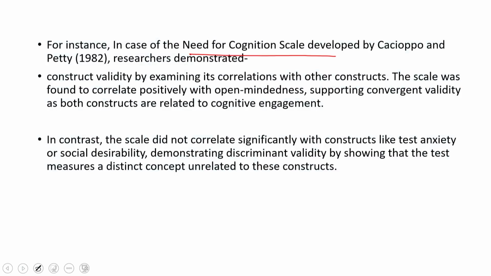It was examined by finding its correlations with other constructs. This scale was found to correlate positively with open mindedness, supporting convergent validity, because the need for cognition is basically your need to think about different aspects.